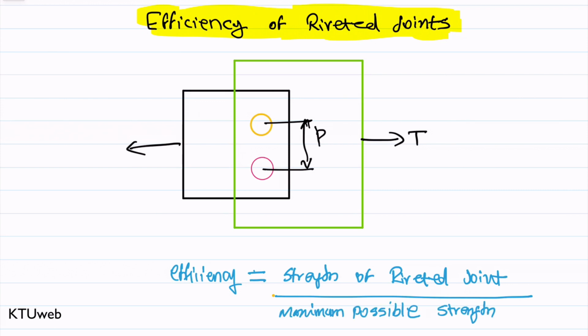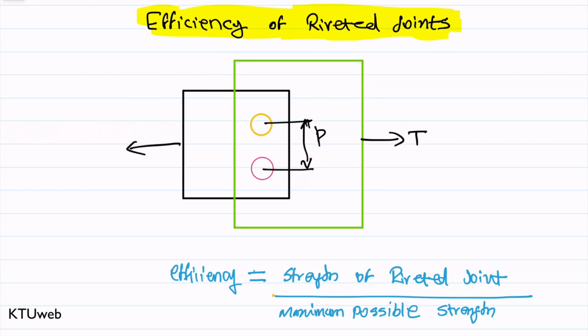Okay, the strength of a riveted joint means how much force this riveted joint can withstand. But what will be the maximum possible strength of this particular joint? Theoretically speaking, this joint will get the maximum possible strength when it becomes a single unit.